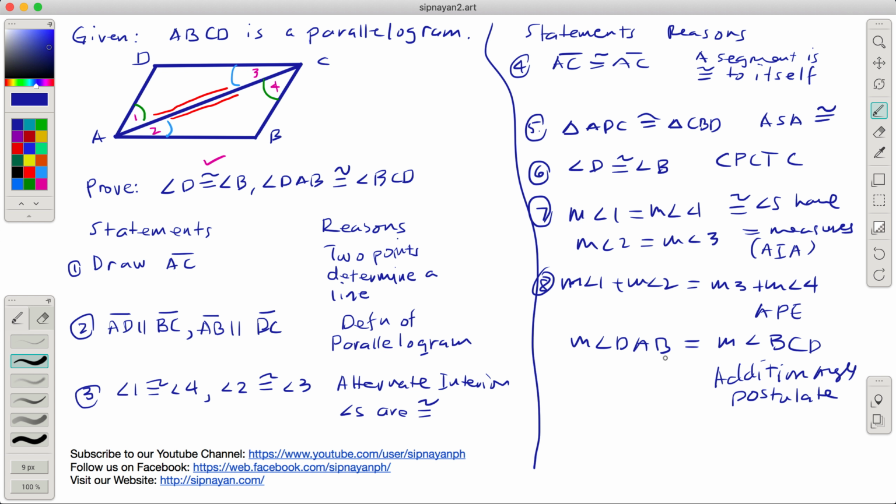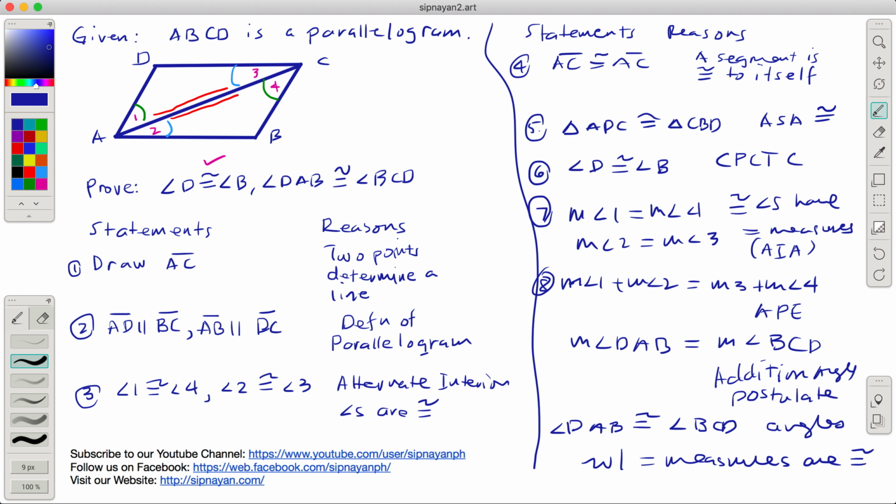And since equal silang dalawa, this means that the angle DAB is congruent to angle BCD. So of course, if they have equal measures, they are congruent. So angles with equal measures are congruent. So na-prove na rin natin to.